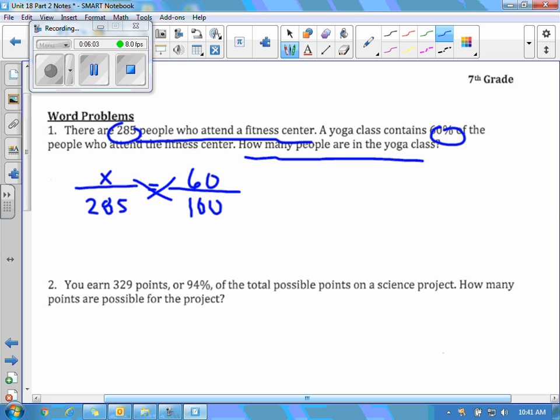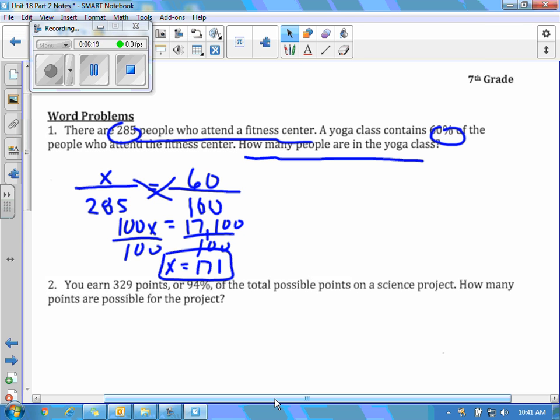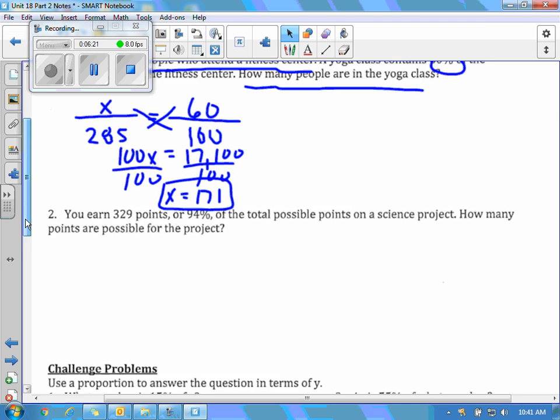So now I can cross multiply. I'll get 100x equals 17,100. Then I can divide both sides by 100. I'll get x equals 171. So 171 people attend that class. Number 2, I'll leave to you guys.